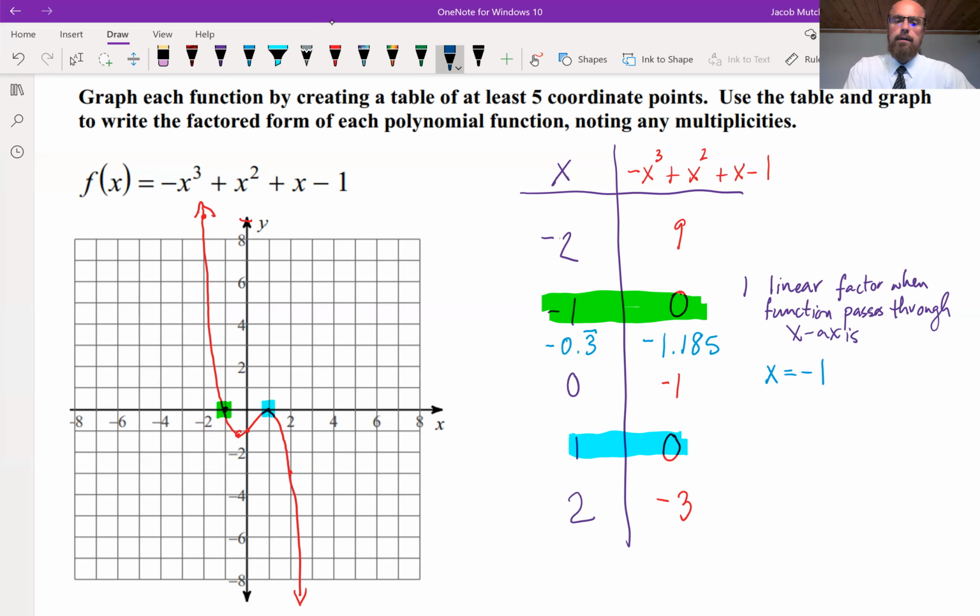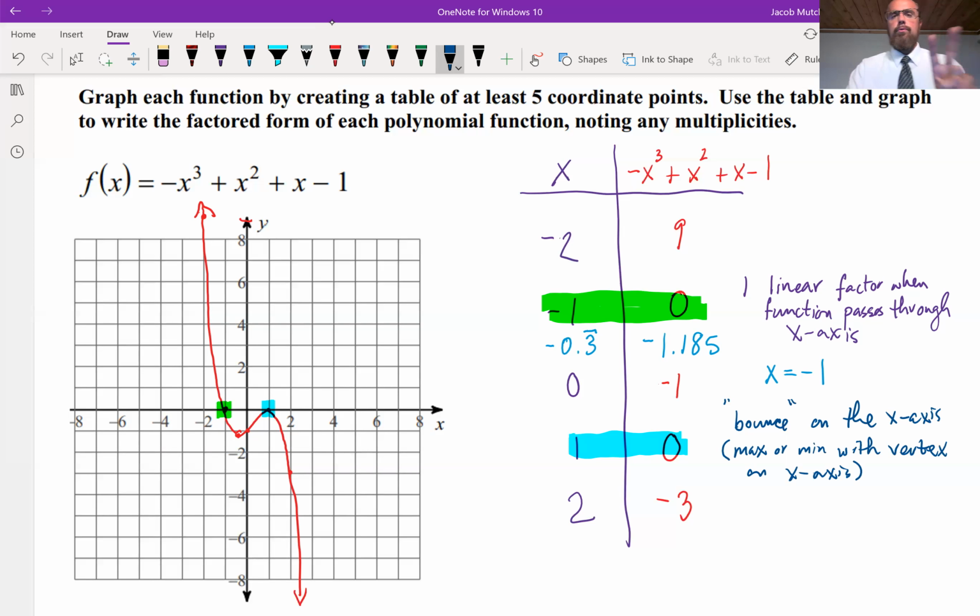So if I've got a "bounce", in quotation marks because that's an informal term, bounce on the x-axis, which in math language would be a maximum or a minimum with the vertex on the x-axis. What that signifies are two linear factors that are identical, two identical linear factors.